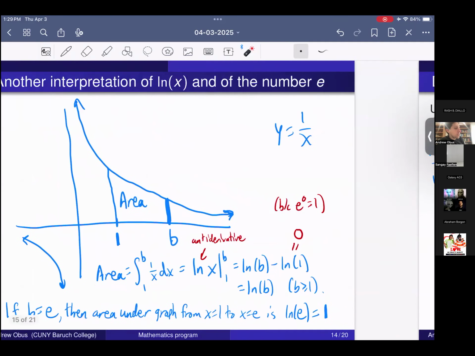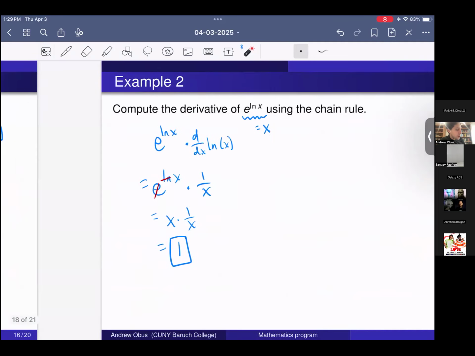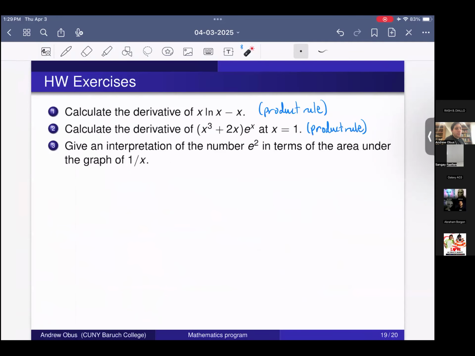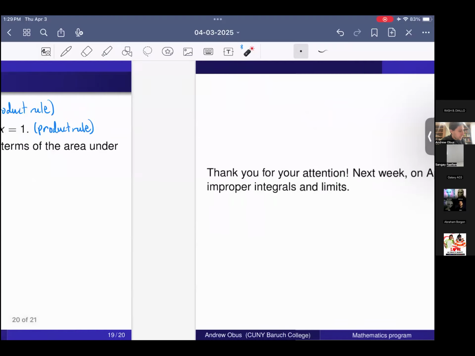So the question is, what does that mean for e squared? Can you, using the graph 1 over x and using geometry, can you say something about what the number e squared is supposed to be? Okay, so it's kind of an open-ended question, although there is basically a correct answer there. Okay, so these are the homework exercises.